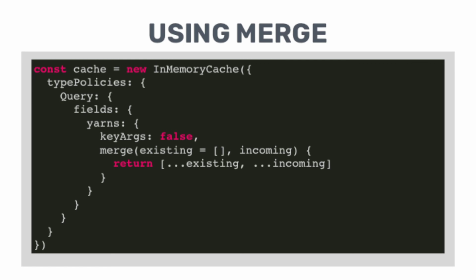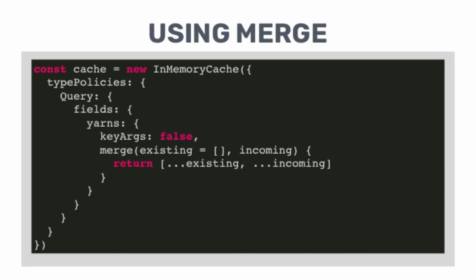But we can define these things for this yarns query in the front end. So first of all, keyArgs specifies a list of arguments, if there are any, that will cause the cache to store a separate field value for each unique combination of those arguments that are passed to it. In this case, we would pass false there.